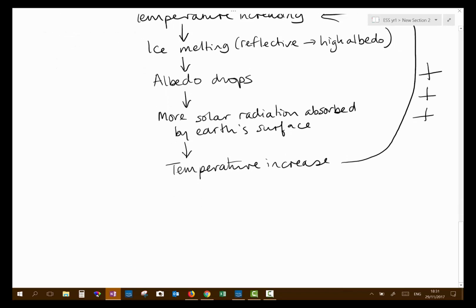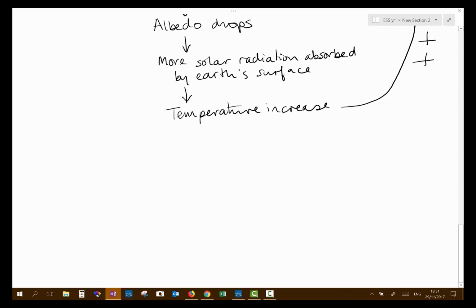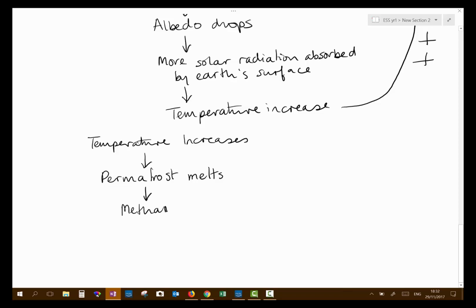Okay? Another example of a positive feedback loop in global warming is again temperature increases. The permafrost, that permanently frozen part of the northern and southern hemispheres, largely the northern and high altitude areas, the permafrost melts. And permafrost is frozen vegetation, and when it starts to slowly decompose as warmer temperatures occur, and also in the summer it traps lots of methane. And so permafrost melting, methane is released.